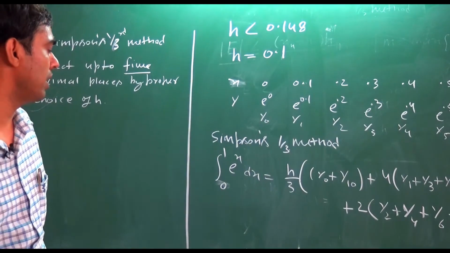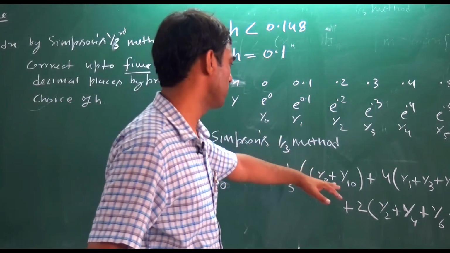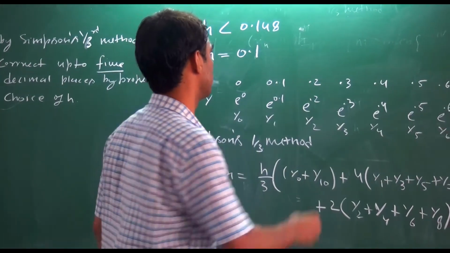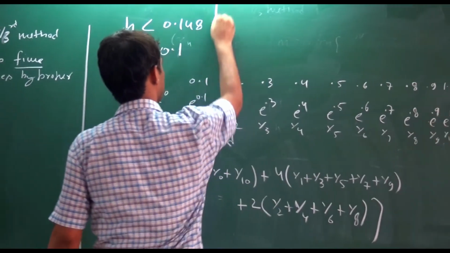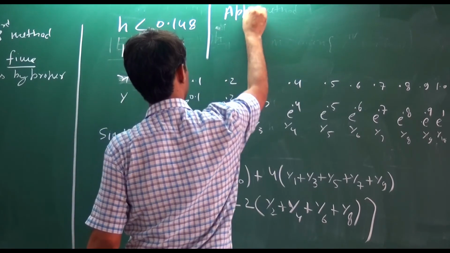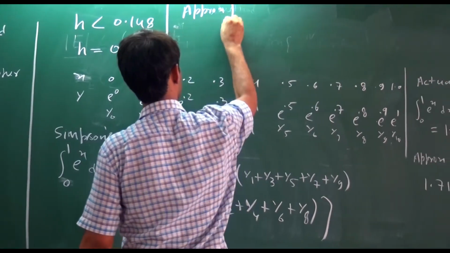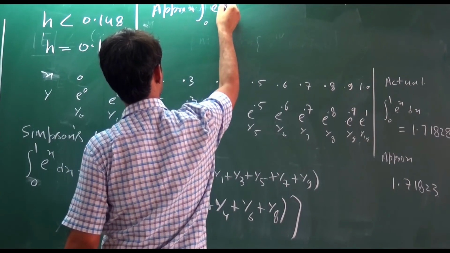So what is the value? If we put the values of y0, y1, y2 up to y10 here, then what is the approximate value of the integration, 0 to 1 e to power x?